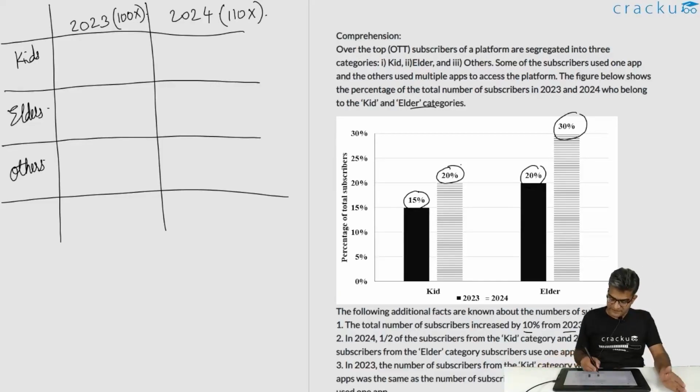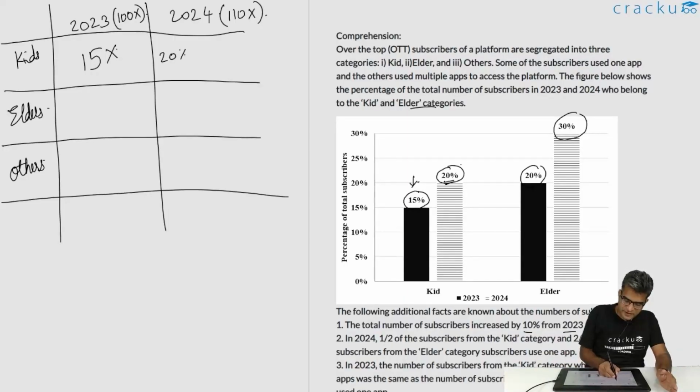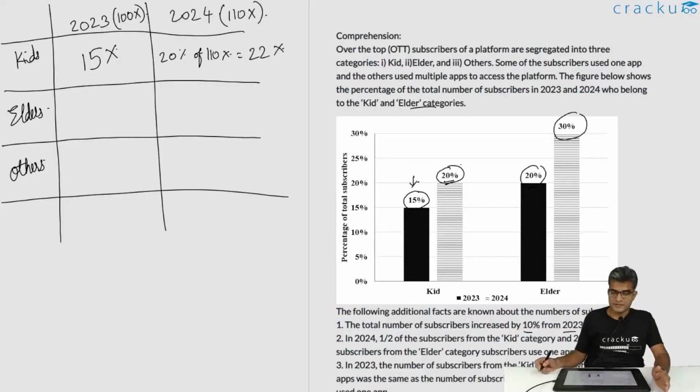In 2023, 15% of the people were kids, so that is 15x. In 2024, it is 20%, so that is 20% of 110x, which is 22x. Similarly, for elders, in 2023, it is 20% of the total, which will be 20x.